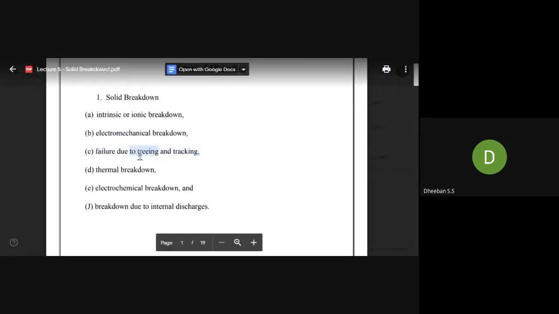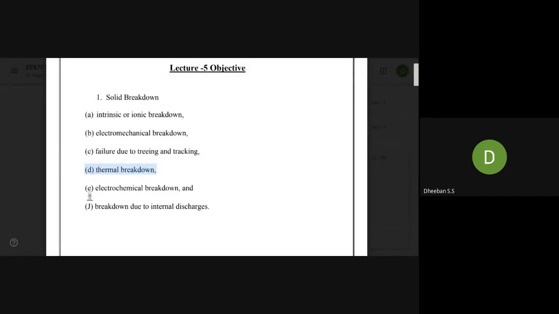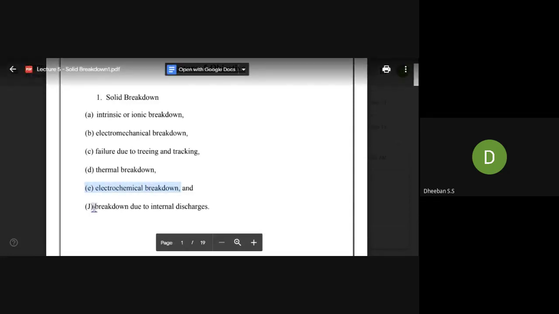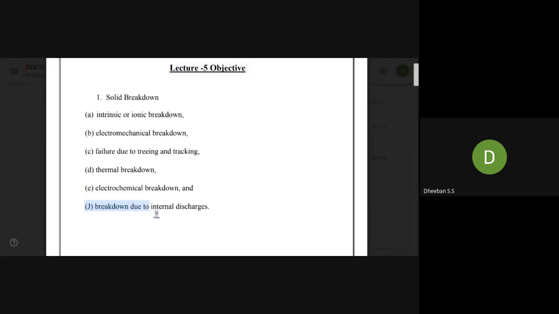This third subdivision is very, very important. Fourth one is thermal breakdown. Fifth one is electrochemical breakdown, chemical breakdown, and the last one will be breakdown due to internal discharges.